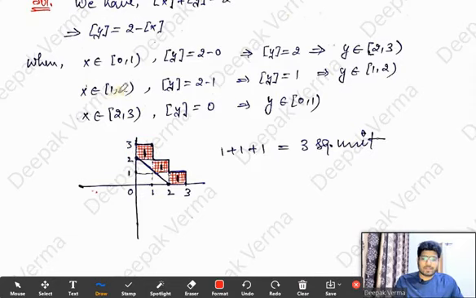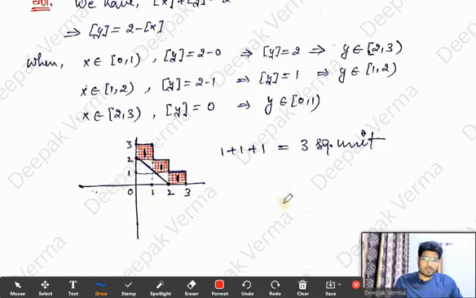Is it clear? Now when x belongs to 1 to 2, then y will be between 1 and 2. Got it? Then these are two lines, x equals 1 and x equals 2, and y will be between 1 and 2. So we will get this closed figure.